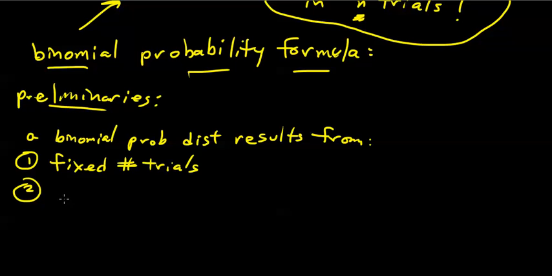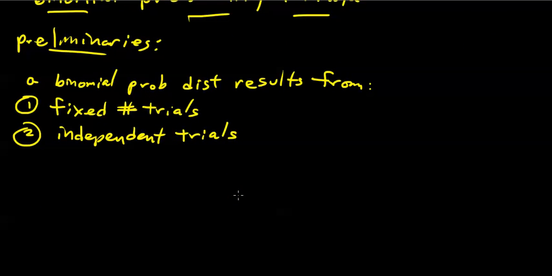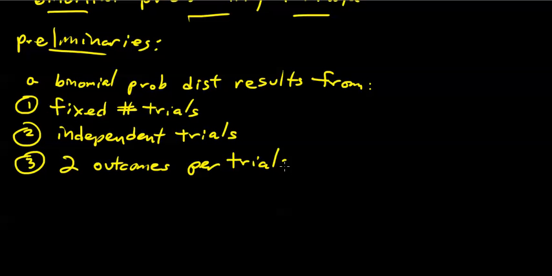Number two, the trials must all be independent of each other. In other words, the outcome of a particular trial doesn't affect the probability of the outcome of another trial. Number three, there's 2 outcomes per trial, and we somewhat arbitrarily label these success and failure.